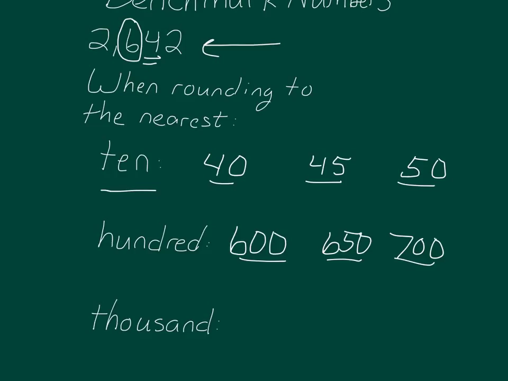If rounding to the nearest 1,000, 2,642 is between 2,000 and 3,000. And directly between those, the midway point is 2,500. Those are the numbers that we would use when rounding to different place values with 2,642.